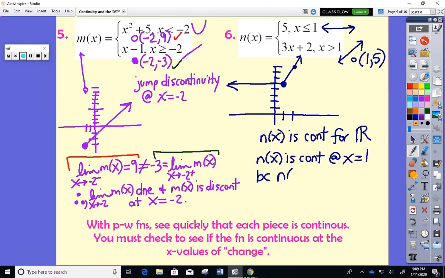Well, n of 1 was 5. And that is equal to the limit as x goes to 1 of n of x. So I keep coming back to that one basic definition.